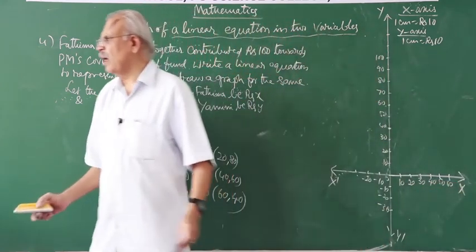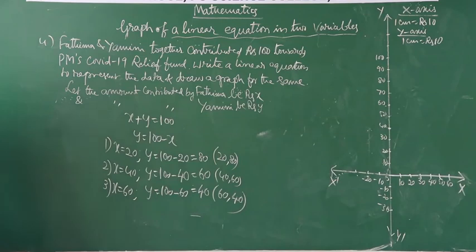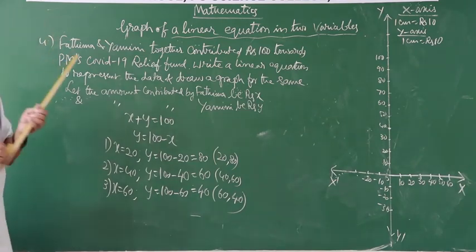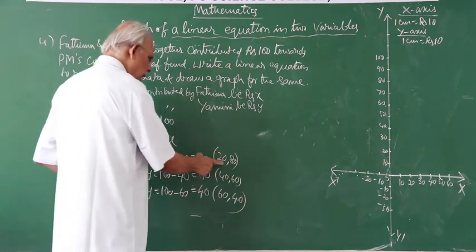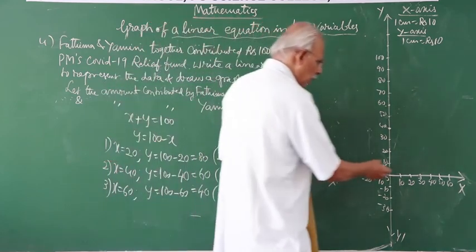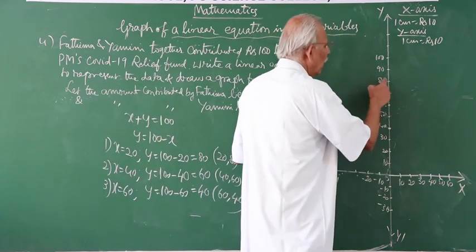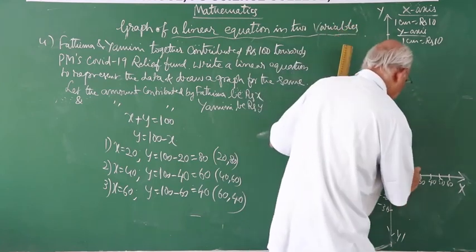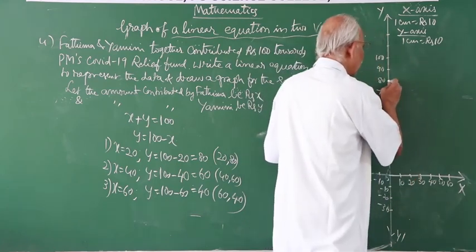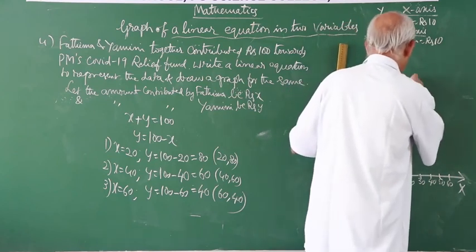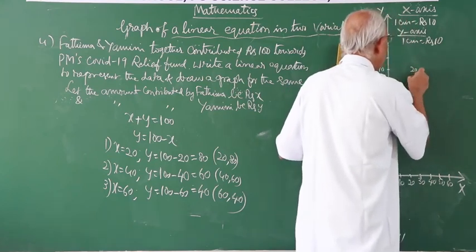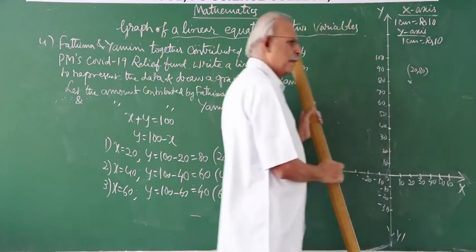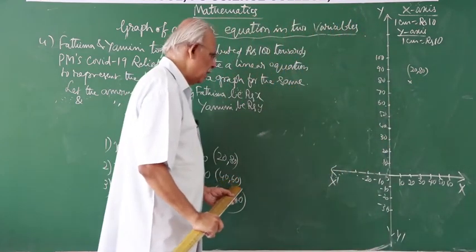Now mark the points. Look here, 20, 80. If you take 20 along x-axis, along y-axis 80. Now from 20, come vertically like this. From 80, come like this. So this is 20, 80. Next 40, 60.